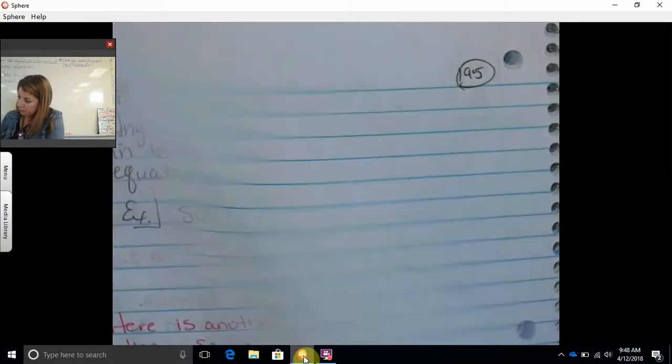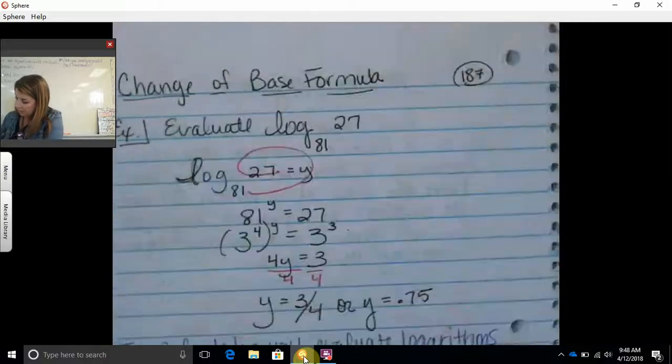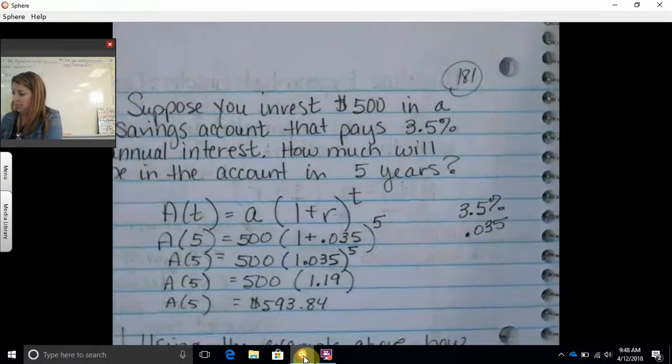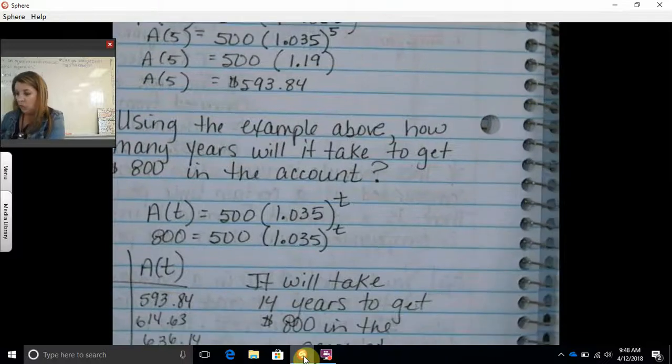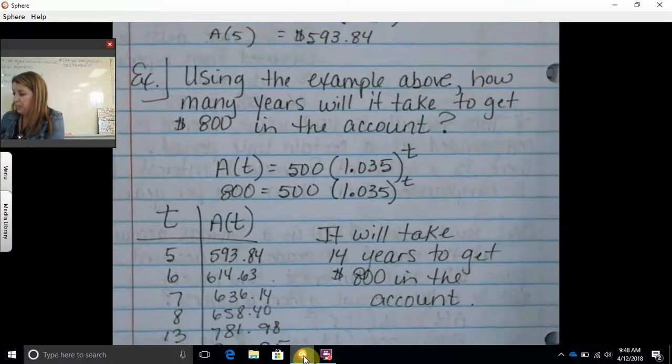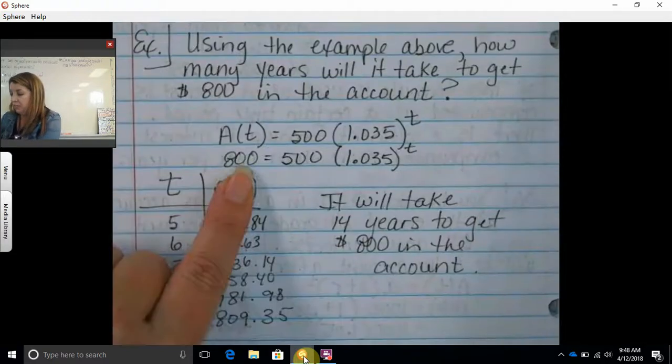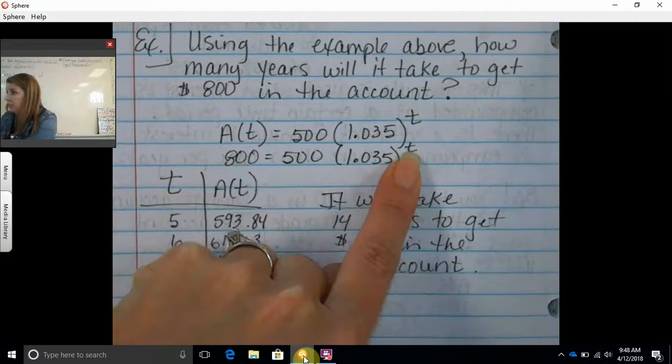So, do you remember back on page 181, we have the problem that says, using the example above, how many years will it take to get $800 in the account? In that one, it gave you the $800 and it did not give you the time. That's what they were looking for, right?